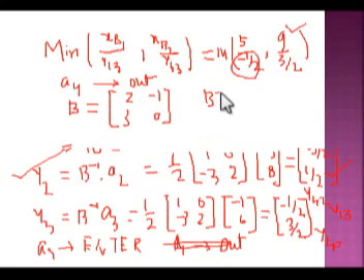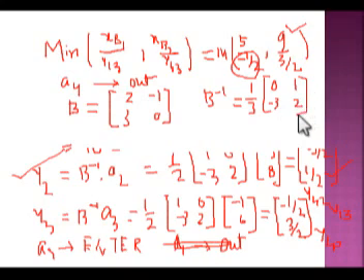B inverse will be, and this will be 0 plus 3. So 1 by 3. This will be 0 minus 3. This will be 1 and this will be 2. What will be the new solution?